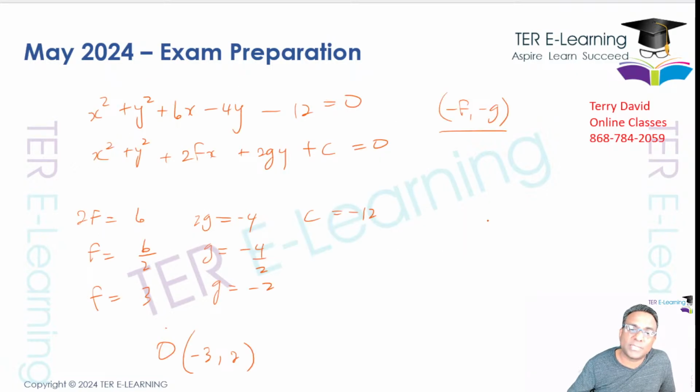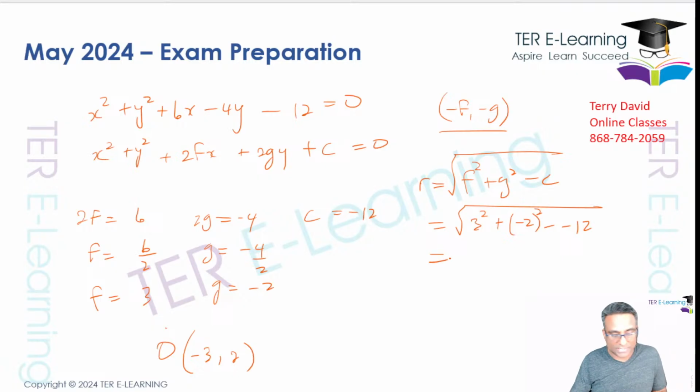There's a formula to find the length of the radius. The radius is given by the square root of f² + g² - c. F in this case is 3, so this is 3² + (-2)² - (-12), so that's 9 + 4 + 12.